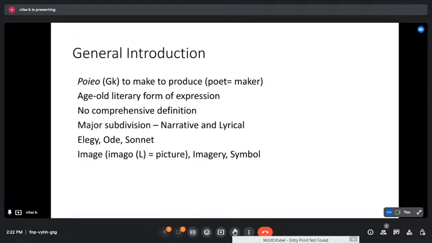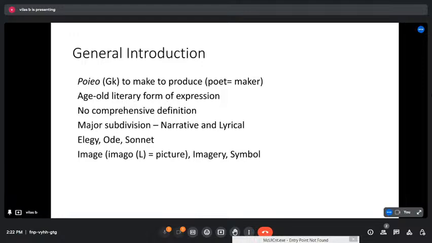Poetry in general is subdivided into forms, narrative and lyrical. I'm speaking broadly here. In narrative form we find the epic: Odyssey, Iliad, Ramayana, Mahabharata.